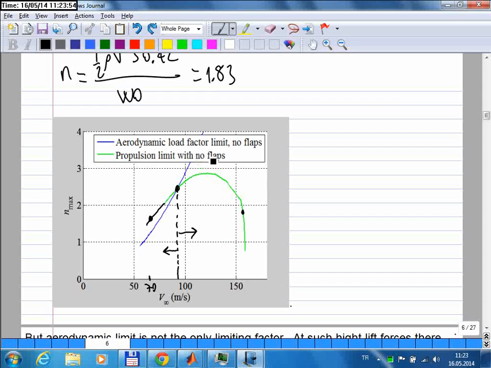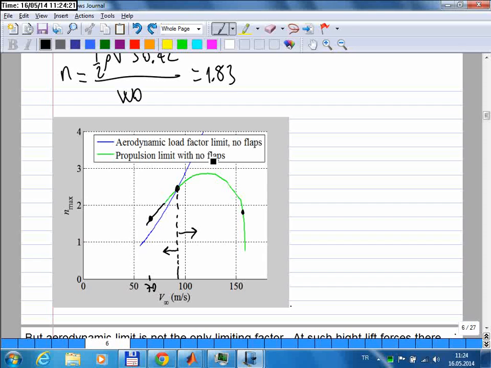So these are the two limiting factors, aerodynamics and propulsion, but these are not the only ones. There is one more limiting factor, and that is the more important one, the structures of the aircraft, because the wings are capable of carrying only a limited amount of force.